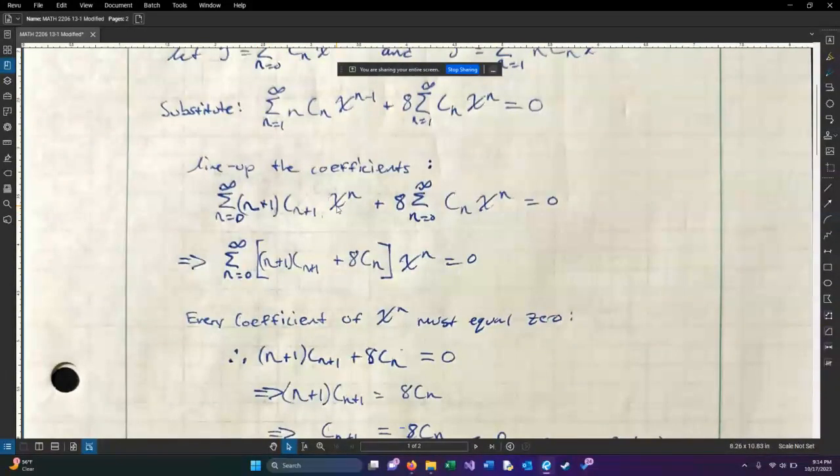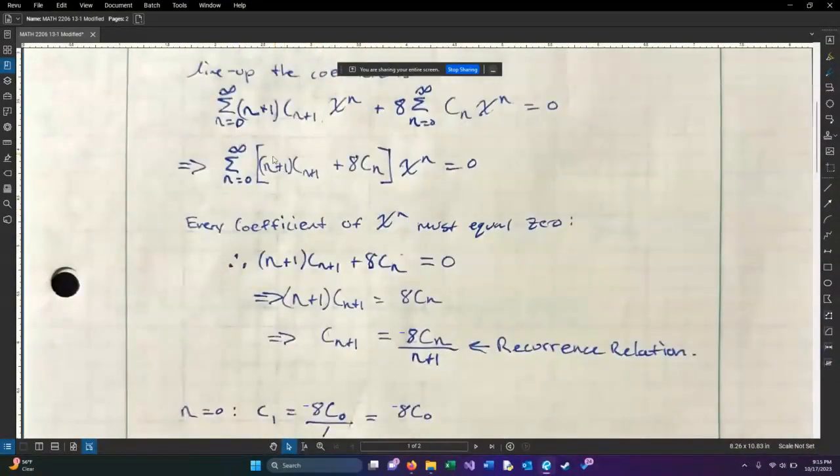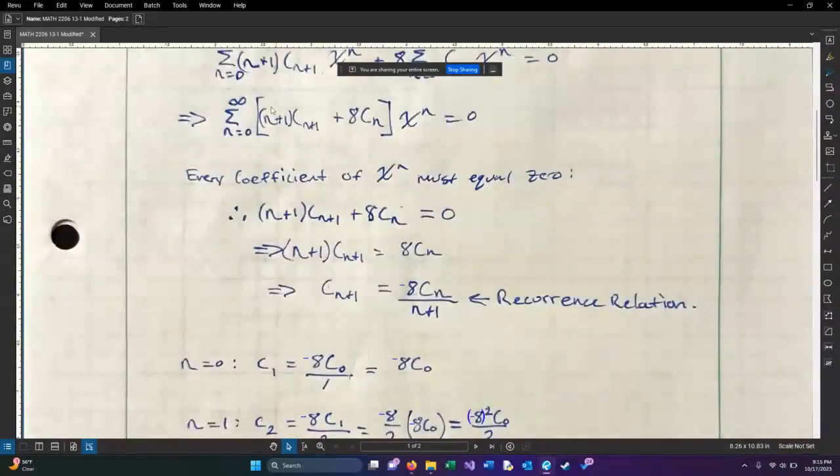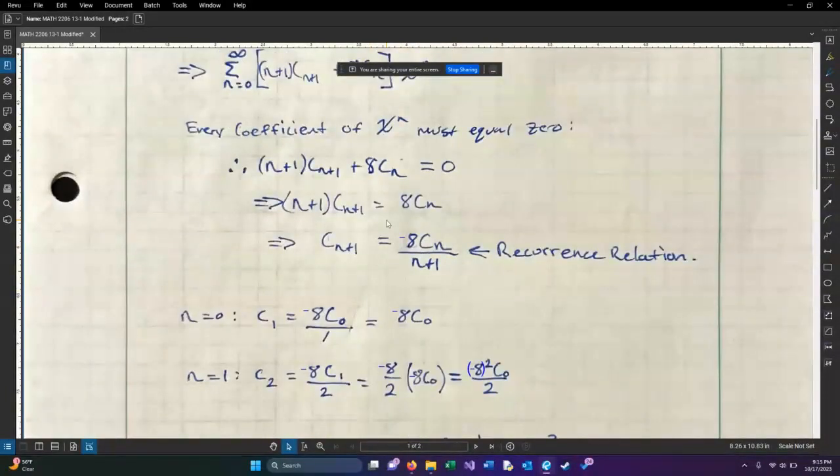The n minus 1 on the x becomes just n, and the index goes back down to 0, so they're lined up. Now you have the coefficients combined here, and you can factor out the x^n, and then set the summation of the coefficients equal to 0 and solve for c_(n+1). I actually made a small mistake here. This was supposed to be negative n c_n, so I corrected it.